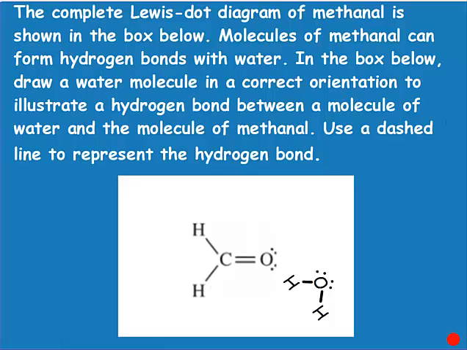We can't have oxygen attracted to the hydrogen over here because, just as we saw before, it has to be a hydrogen that's attached to an oxygen, nitrogen, or fluorine. And then we would have a dashed line representing our hydrogen bond, because that's what it said to use. So the dashed line is our hydrogen bond.